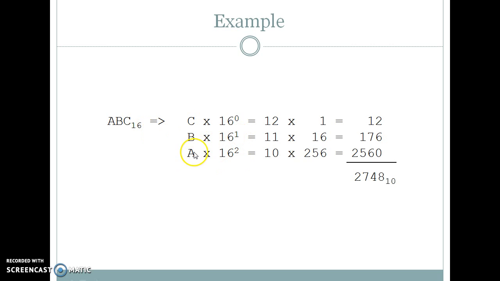Now, what is the value? A is equivalent to number 10, B is equivalent to number 11, and C is equivalent to number 12 as per the series. So 12 is multiplied by 16 raised to power 0. Here we have taken 16 because in the hexadecimal number system, the base is 16. We get these answers and finally add them.